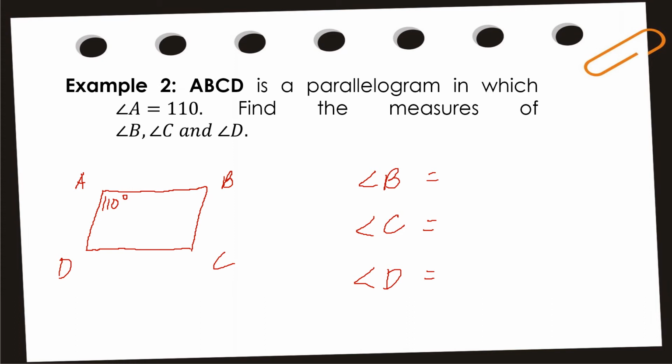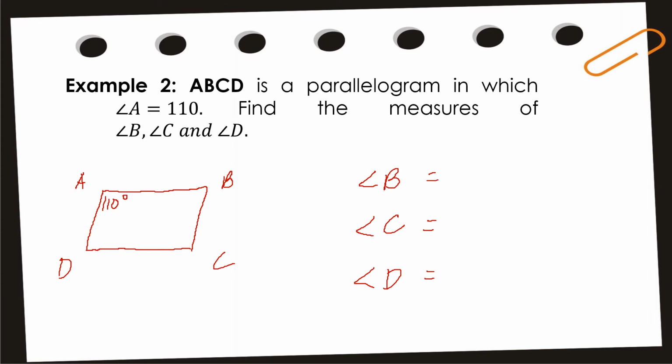We said that in a parallelogram, consecutive angles are supplementary. So if angle A and angle B are consecutive angles, they are supplementary, or their sum is equal to 180.